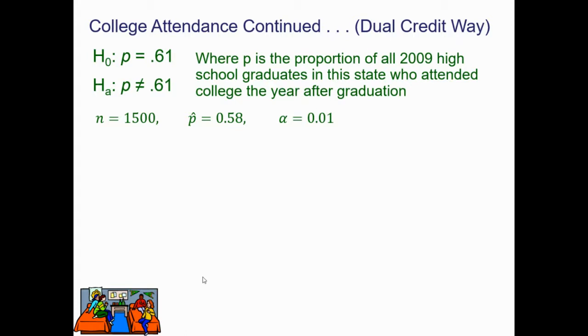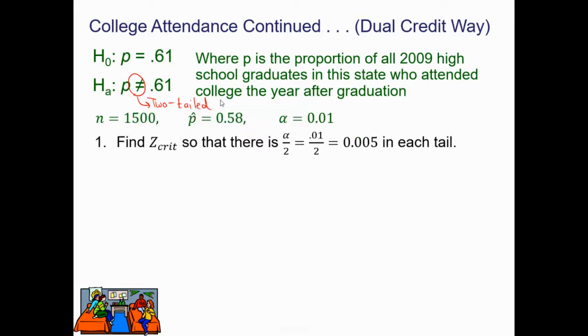Okay, so again, we said this with AP. This is what kind of test based on our alternative? It's not equals, which means it's a two-tailed test. So on a two-tailed test, we need to find the z critical value so that there's alpha divided by 2 in each tail.